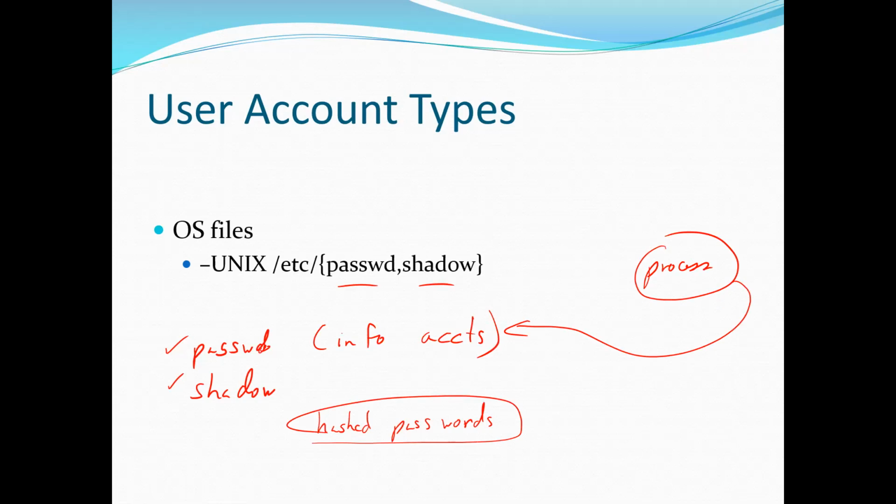So the idea is that by separating these two files, you have one file that can be less secure, the one that contains information about the users, and then you have another file that is more secure, and it's only accessed when you actually need the password. Does that make sense? That's really the reason why user accounts in Unix are governed by two files, passwd and the shadow file.